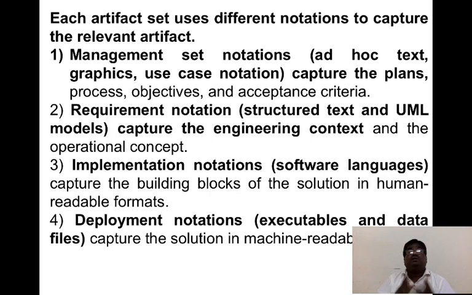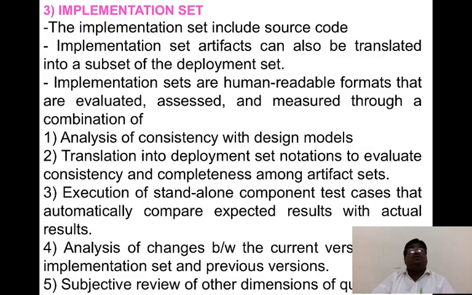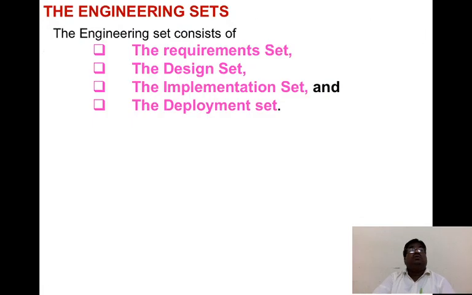This is nothing but both software and a set of interrelated information required to build the client system for his needs. See, today we have learned engineering artifacts. Engineering artifacts are four. What are the four? Requirement set, design set, implementation set, and deployment set.